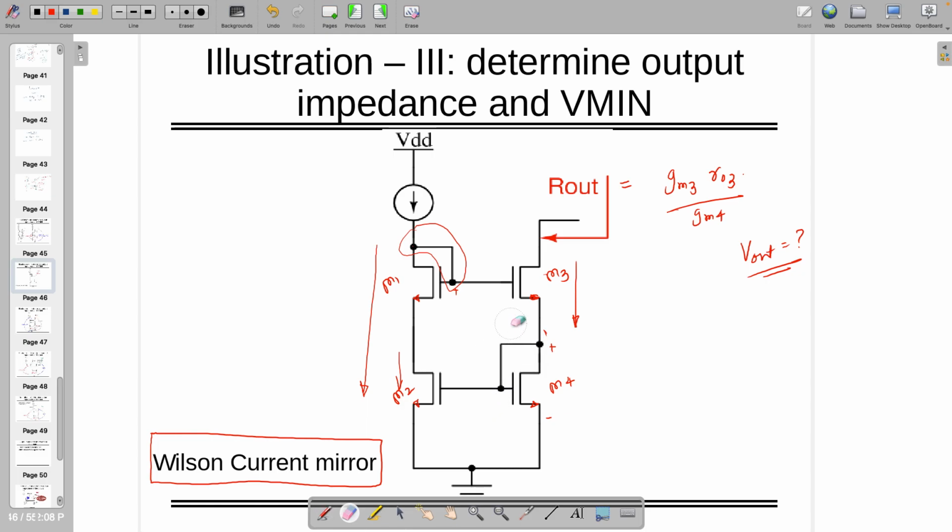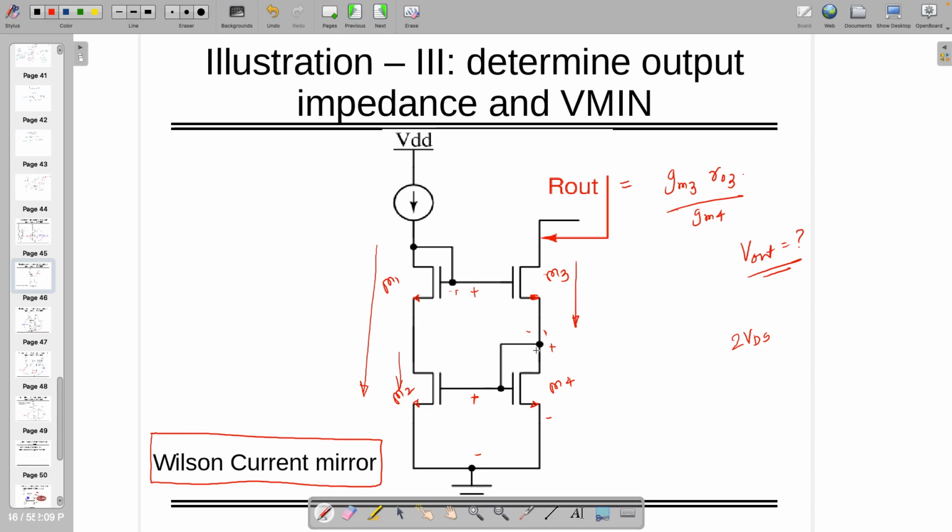So now tell me, what will be the V out? Two VDS. Okay, one answer is two VDS. If someone has something else, just let me know. The hint is that Abhishek is in the right direction, that it has to be written in terms of VDS rather than in terms of VGS.